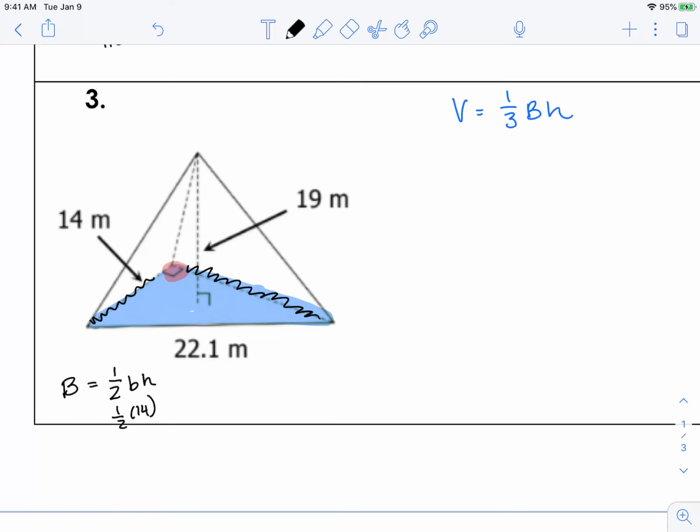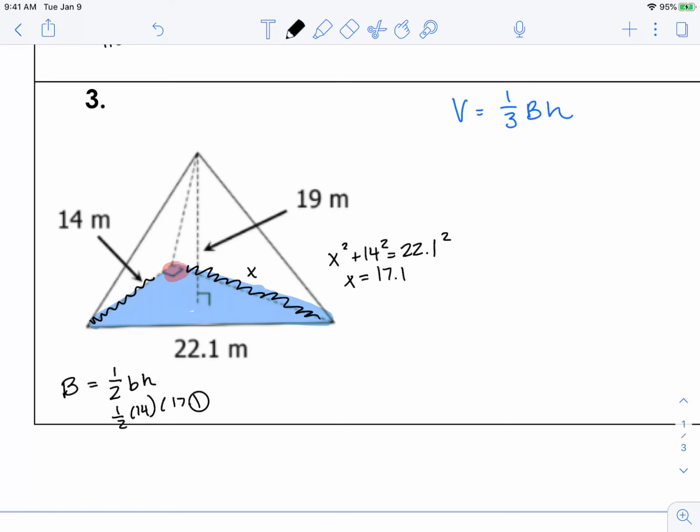So again, I'm going to have to use Pythagorean theorem. So I'm going to call that side x. So I'm going to do x squared plus 14 squared is equal to 22.1 squared. At this point, I'll be able to solve using Pythagorean theorem. So you get about 17.1. So that's the height of the triangle, not the pyramid.